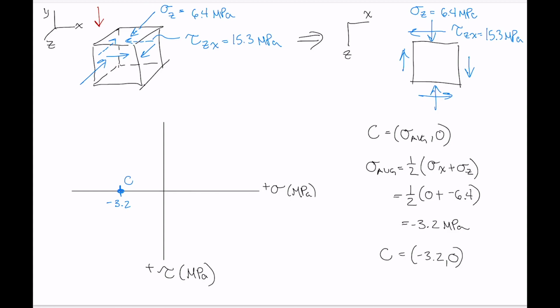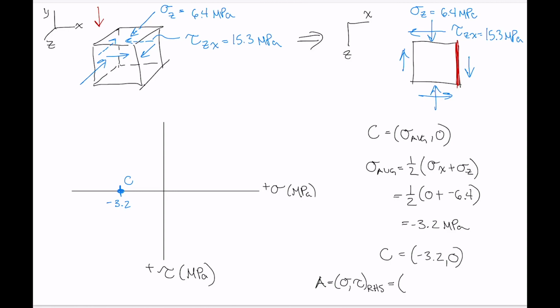All right, now the other thing that you need to plot the circle is point A, and point A, remember, is given by the stresses on the element's right-hand side. So you just highlight the right-hand side like that, and then say that point A is sigma comma tau for the element's right-hand side.